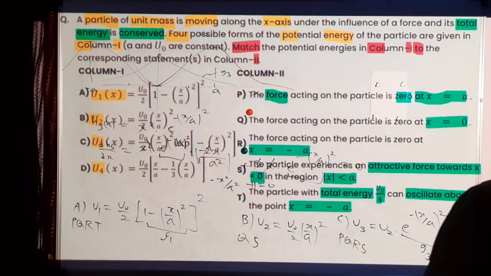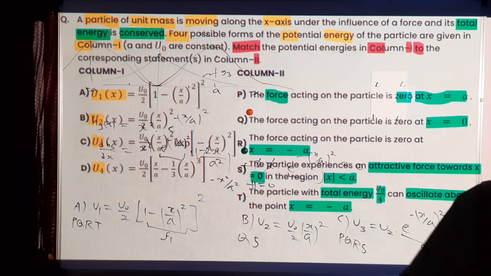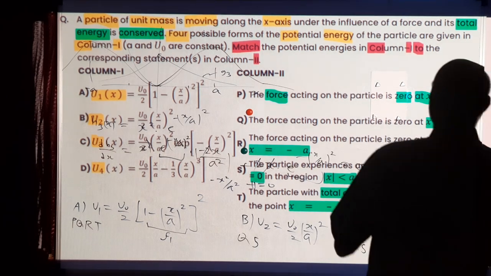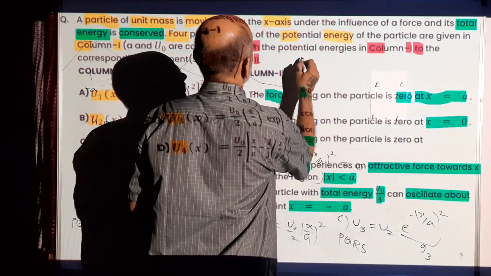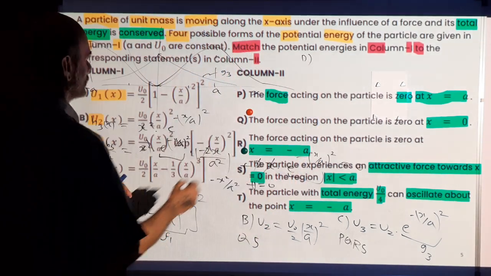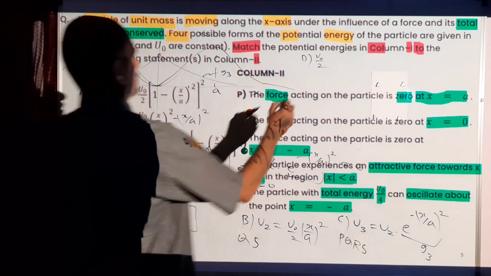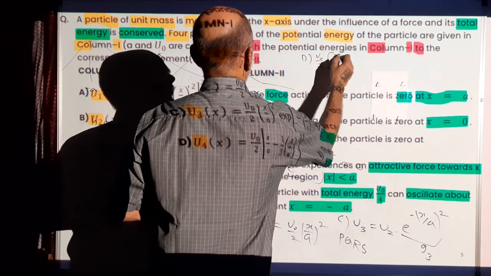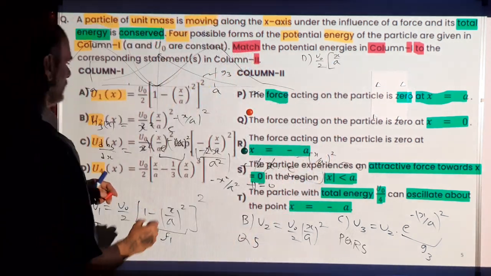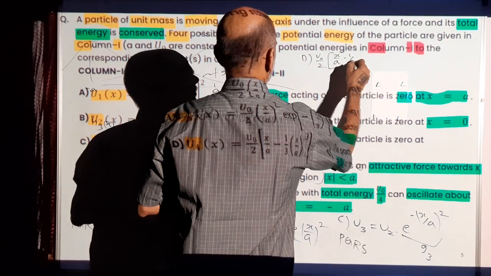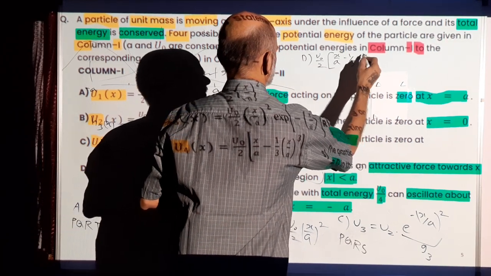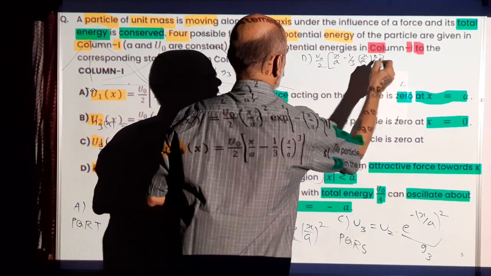And option D, the potential is U0 by 2 into x by a minus 1/3 x by a cube.